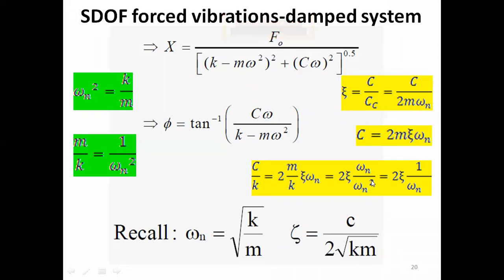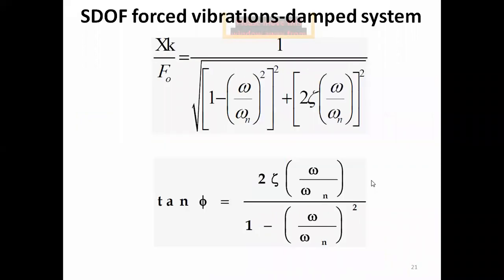So after doing that, once I put omega n instead of m by k, which is 1 over omega n square, I would have omega by omega n whole square, and then whole square plus 2 zeta omega by omega n whole square. And here I have k.